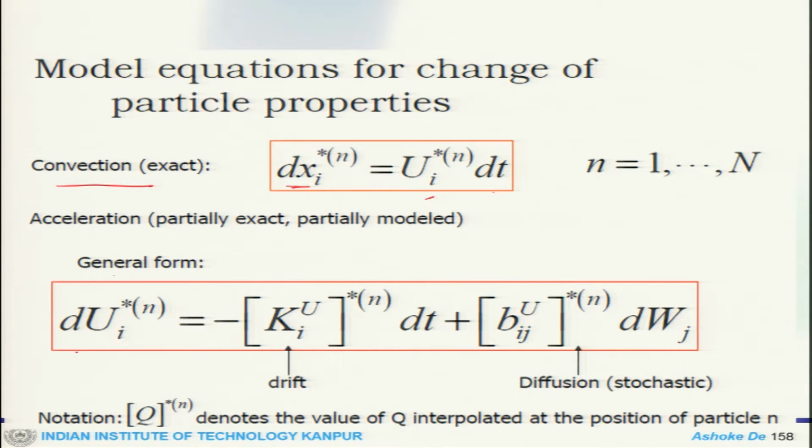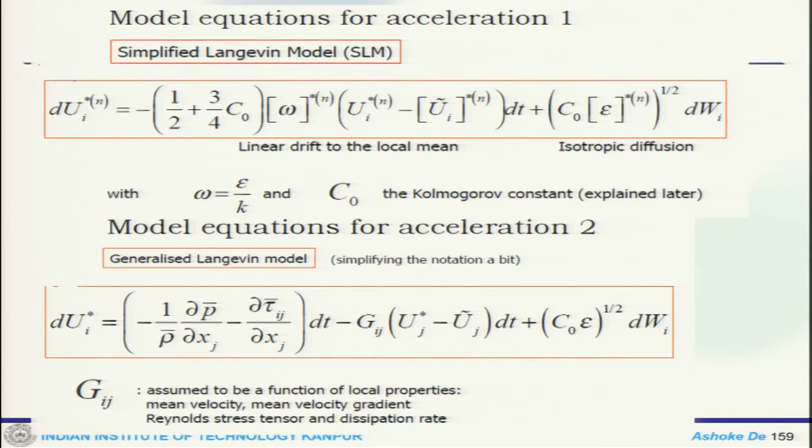The general form of the change of velocity would be because of drift and diffusion. This is the Wiener process, which is completely stochastic, and the drift can also be estimated by different stochastic models.